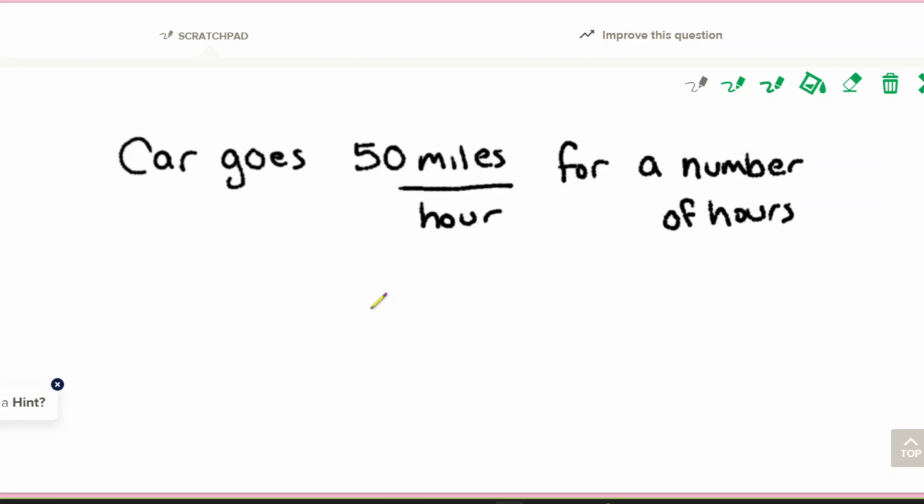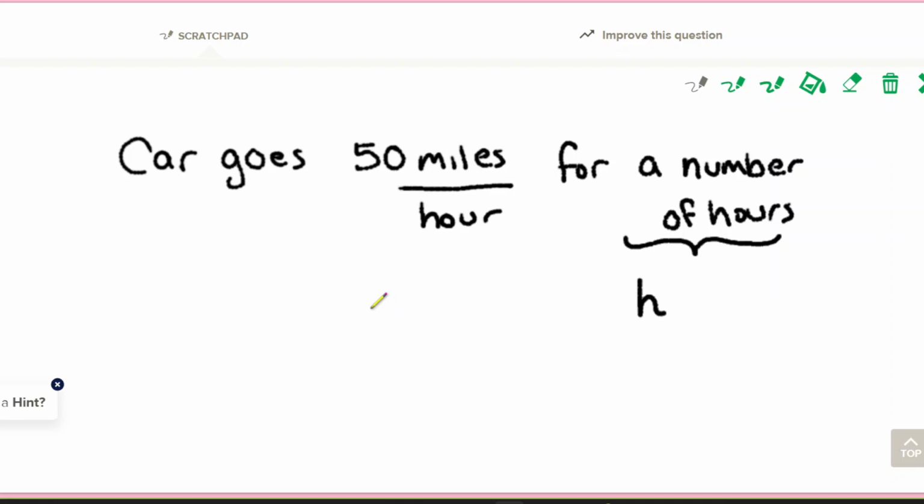Okay. So whenever you're reading through a word problem or some statement that you're asked to translate into mathematics, look for the quantities that are unknown to you, like this here, a number of hours. So I've noticed in the selections for the answers with multiple choice, they have the letters H or T in there.